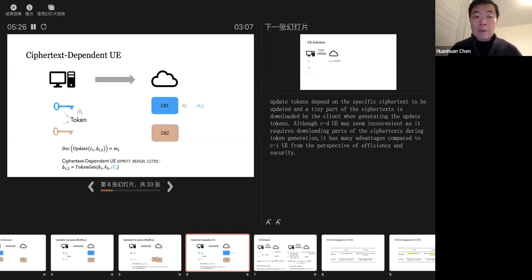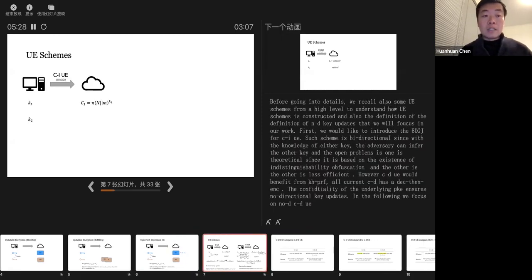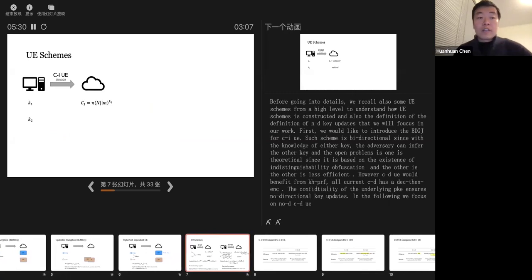But before the summary, we see some UE schemes to have a general feeling of how it works. We give two examples here. This is a ciphertext independent UE. We can see that it uses K1 to encrypt a message by computing a permutation over n m to the power of K1.